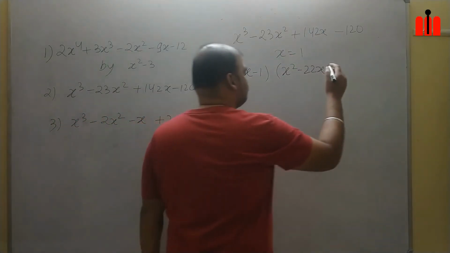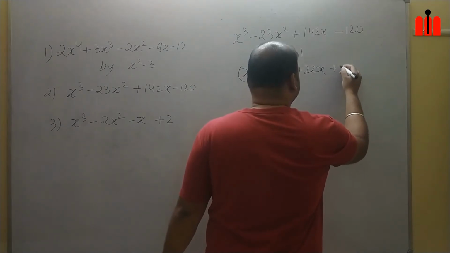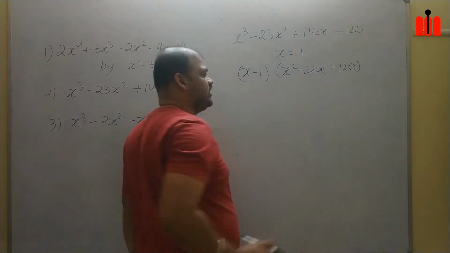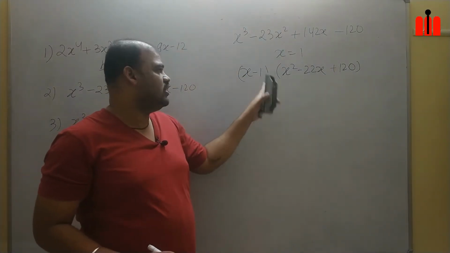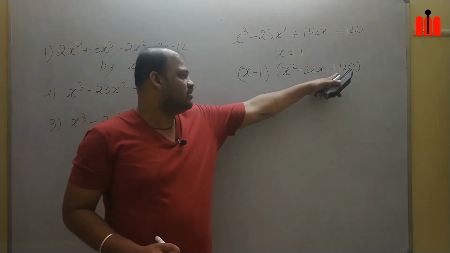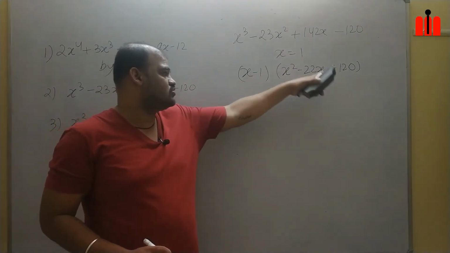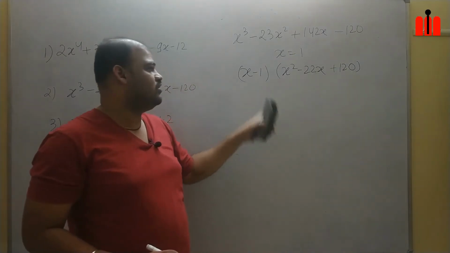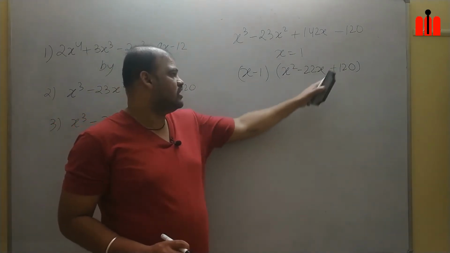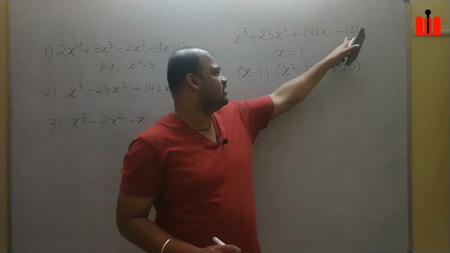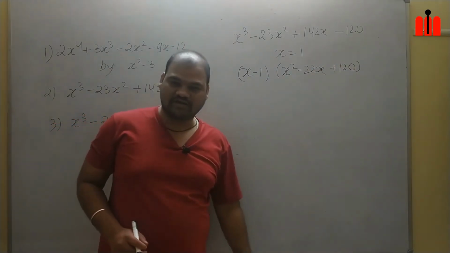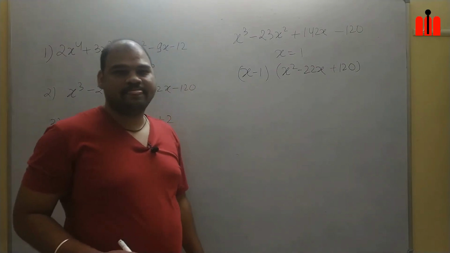So you have to multiply with plus 120, because it is 142, and you are getting 22x. So you have to get 142x, so you have to add 120 over here. So 120, and after that the last is minus 120. So minus 120, there is no remainder because x minus 1 is a factor. Are you getting it? Okay.